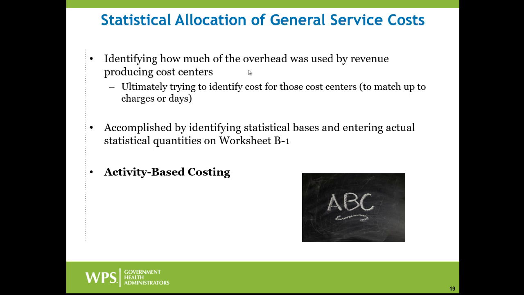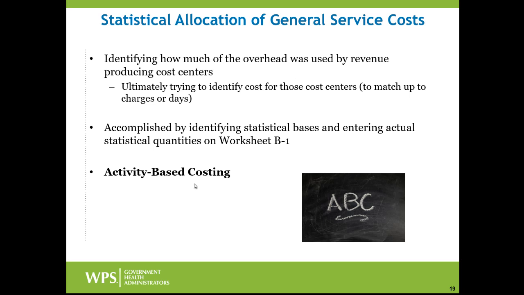How much did the adults and peds cost center use up? All of that cost needs to be allocated down, because by the end of the cost report, the end of worksheet B, none of that overhead cost can remain in the overhead cost centers. It needs to have been allocated through what's known as the step-down method to those other cost centers.